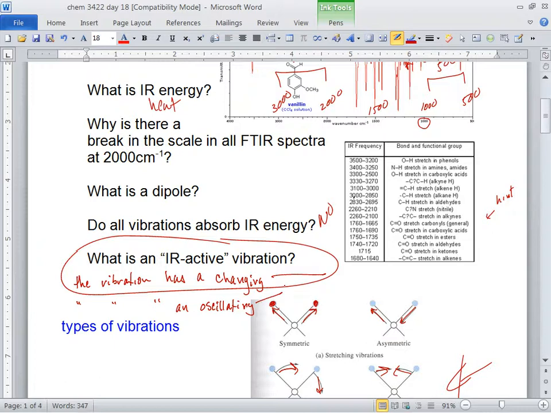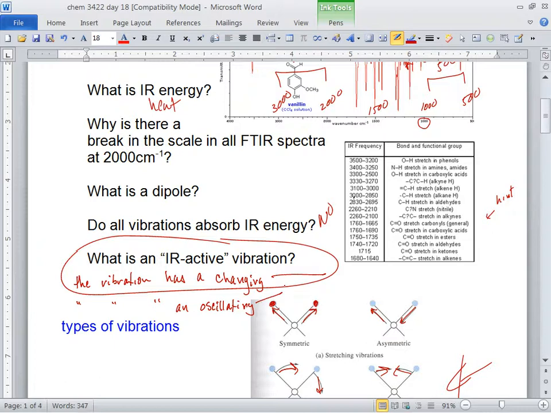What is it? Does anybody know? It needs to be something electrical, because you want this molecule to be interacting with the electric field of the infrared radiation. So it needs to be something electrical. That's your hint. Not much of a hint, but it's a hint, Andy. A changing polarity.